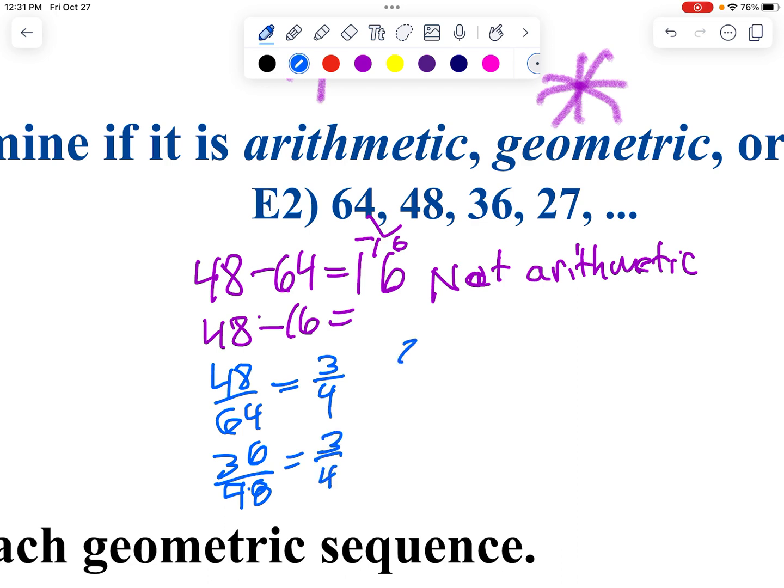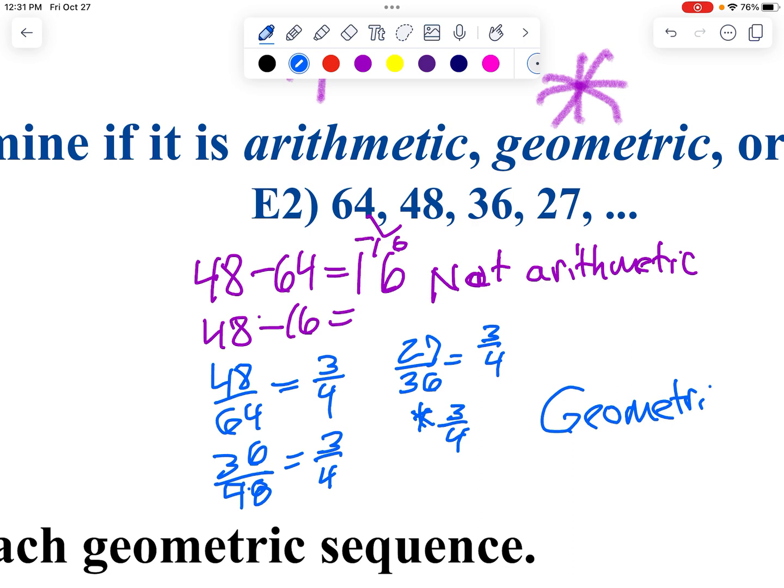If I take 27 divided by 36, I get 3/4. Notice what happens is we're multiplying by 3/4 every single time. Since we're multiplying, that makes our sequence geometric. There's your answer to example 2.